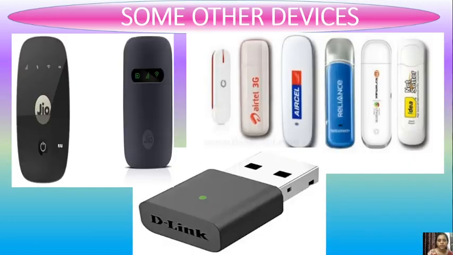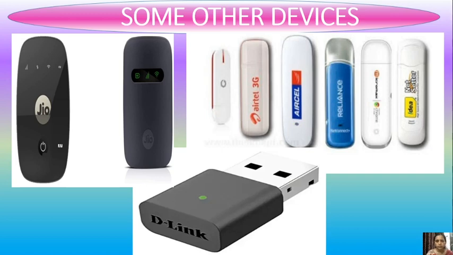Some other devices are given here. You can see the images. Nowadays these kinds of devices are used to connect to the internet. You can see some dongle, or we can say net setter kind of images here, and one adapter is also showing. At the third image you can see one adapter.